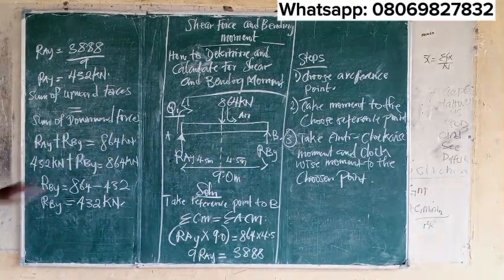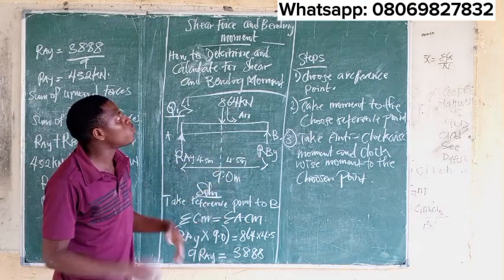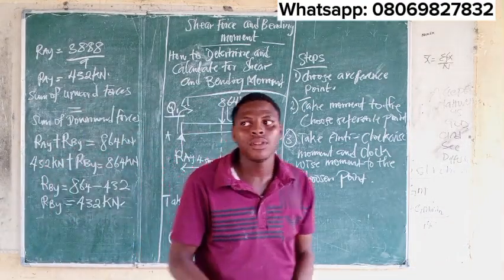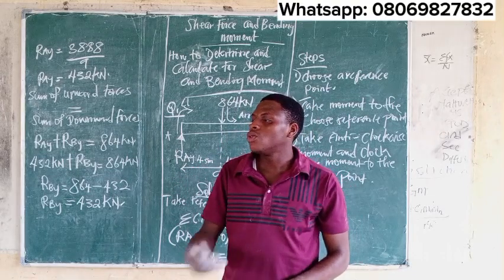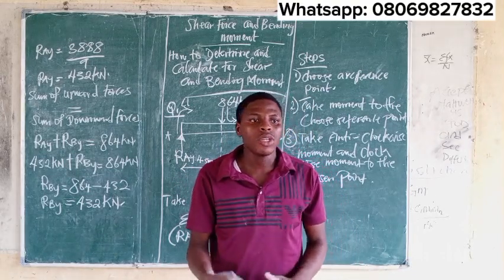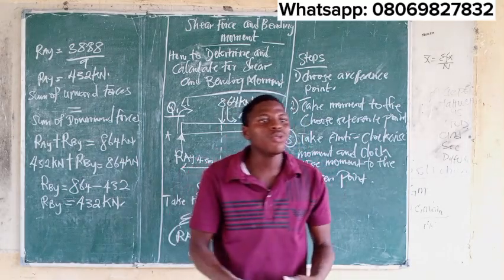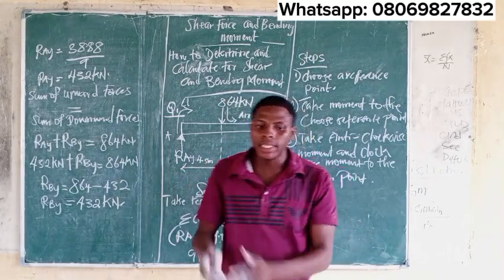Now we've succeeded in getting the reactions. Now to get your shear force diagram, you take the next step. You are going to do the calculation for your shear force, and you are going to do a calculation for your bending moment.